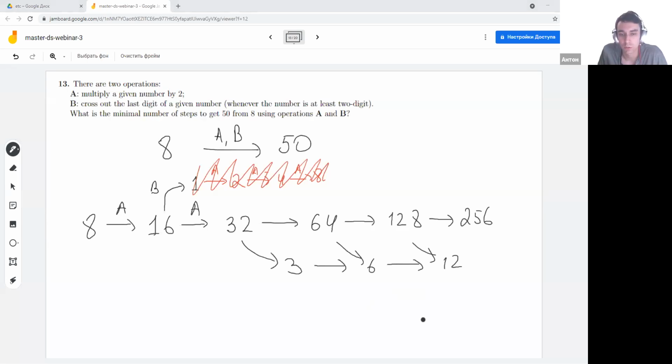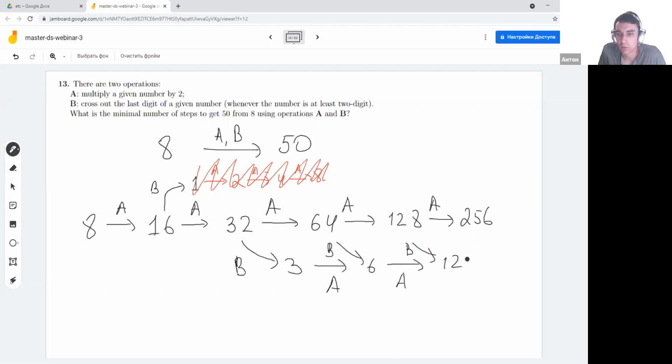We cannot cross out the last digit of 3 because it has only 1 digit. So this operation A is here and B is here, and here A again. But anyway, however we go, either we apply A here and then B, or B and then A, we arrive at 6, and any attempt to go by operation B somewhere here will lead us to 12 only.